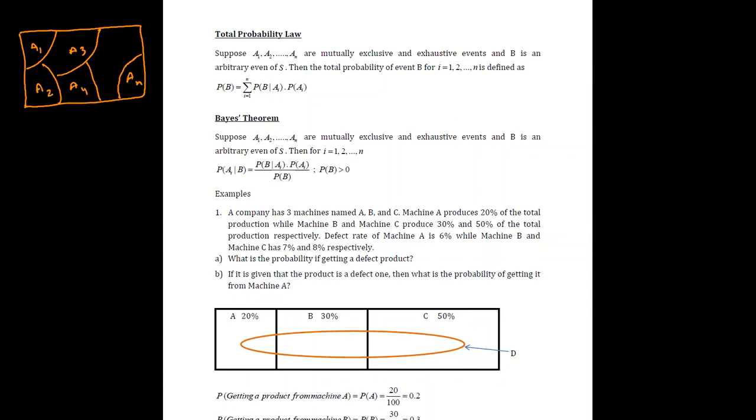It is given that these are mutually exclusive, therefore no intersection, and these are exhaustive events. It means that there are no other events which cover our sample space. We will consider another arbitrary event as event B. Let this be the event B.